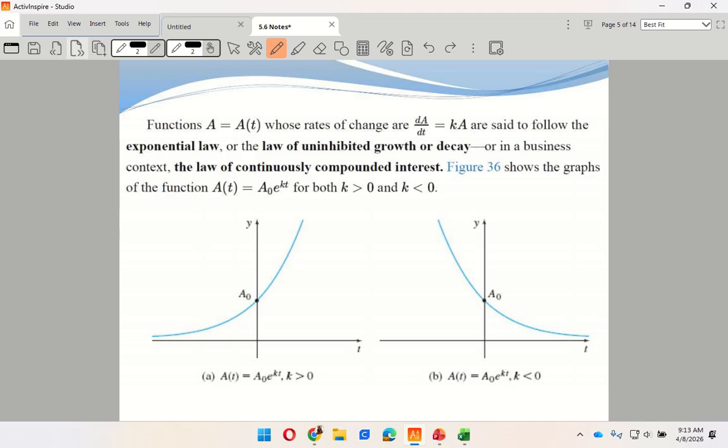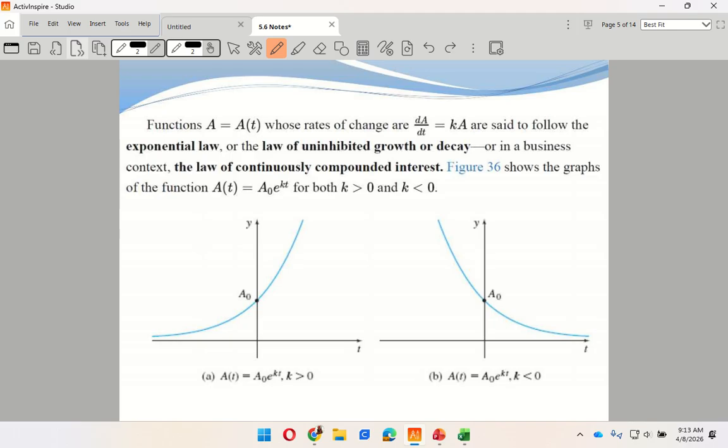So, one thing that comes up a lot, they talk about it in the news and all kinds of stuff, is the world population. Is that inhibited or uninhibited growth? Why is it inhibited? Very good, yeah.